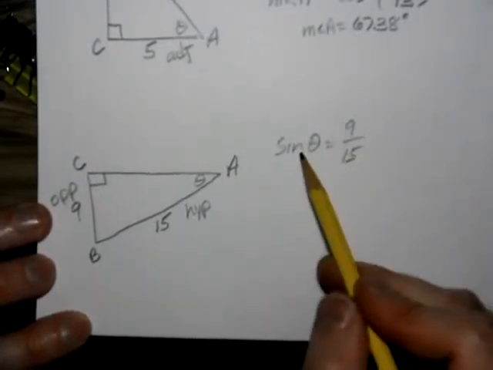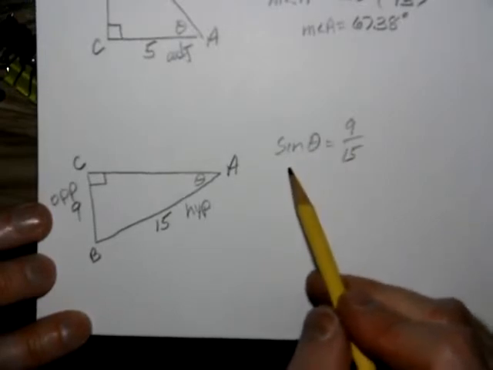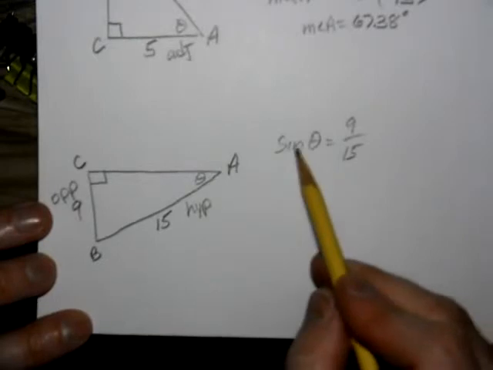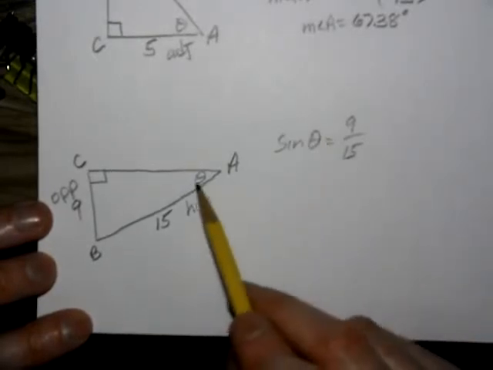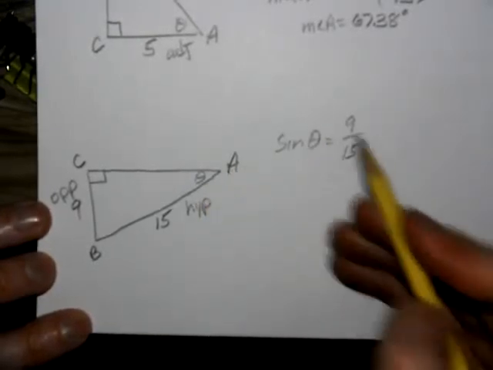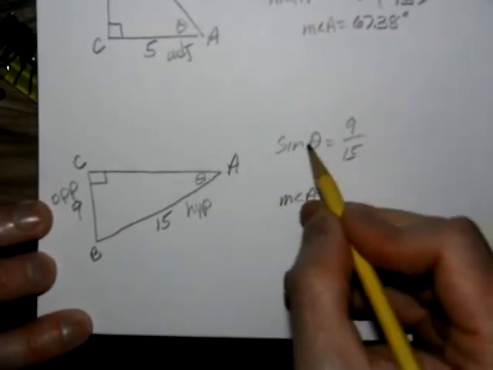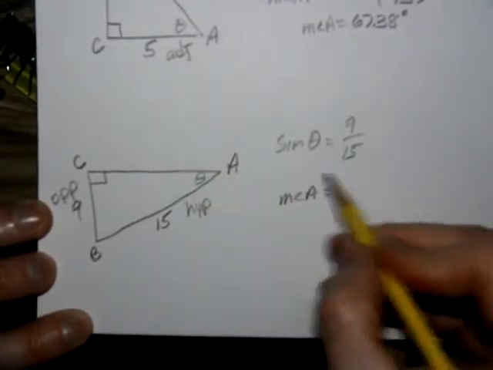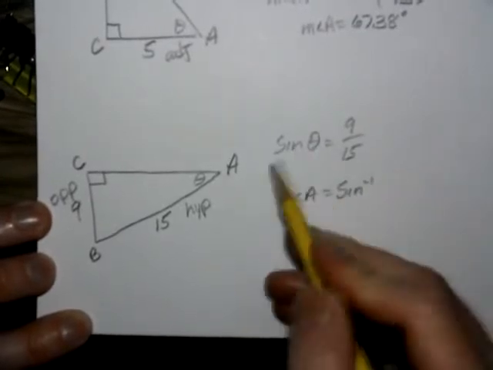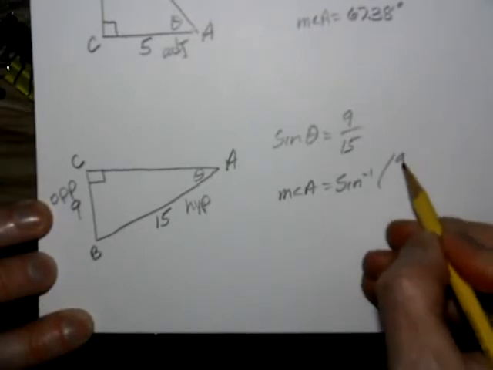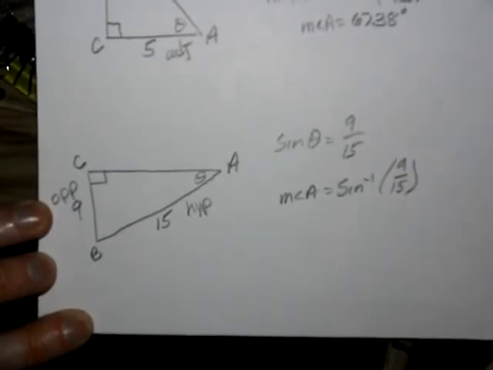So here we don't know what the angle is, so there's nothing to type into the calculator. No reason to cross multiply. We don't know what the angle is. So to get the angle by itself, which happens to be angle A, the measure of angle A, because that's where theta is located, equals sine inverse, because that moves the sine to the other side, of 9 divided by 15.